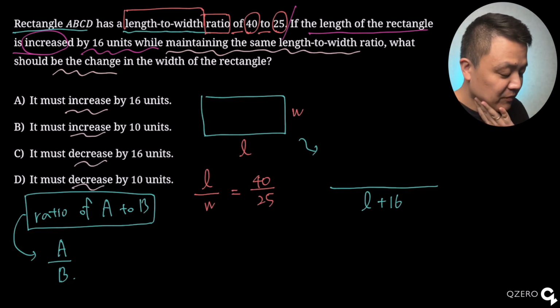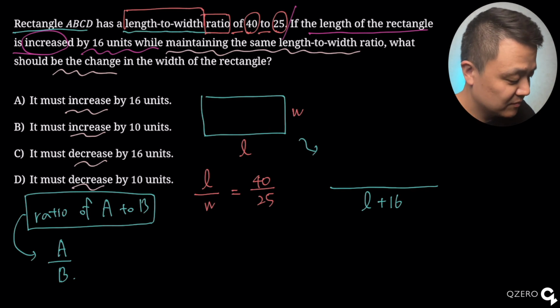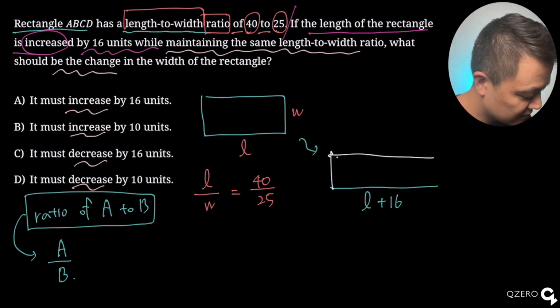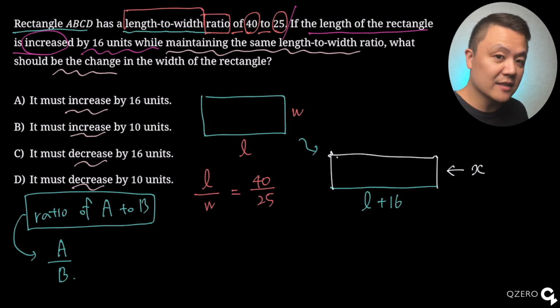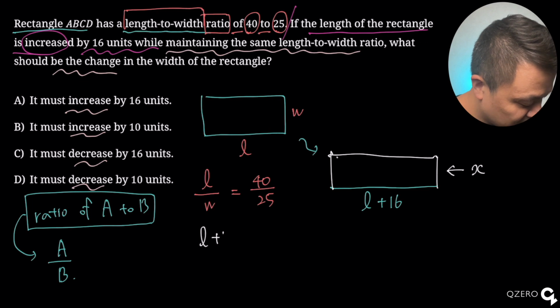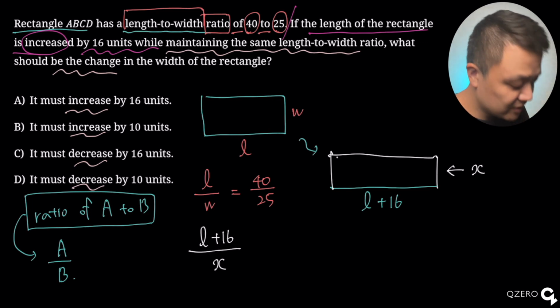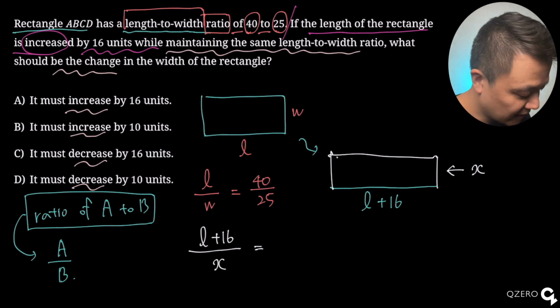But the thing is, we don't know the width value of the second rectangle. So why don't we just set the unknown width of the second rectangle as x. Since the question said the length to width ratio is still the same, we can set up another equation. The length of the second rectangle over the width of the second rectangle has to be equal to this one.